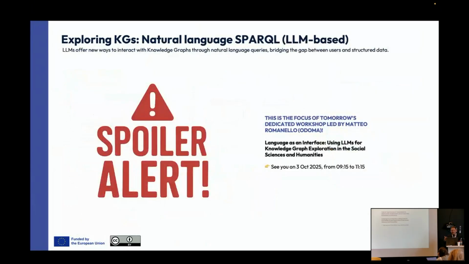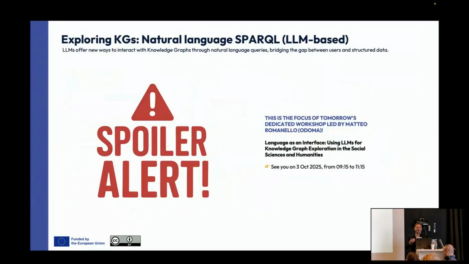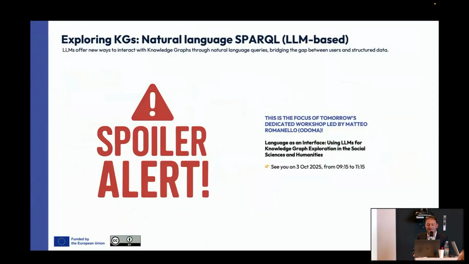And then, of course, the idea is we could also talk directly with our graph thanks to the last chat-based innovative approach, more or less. But we will see tomorrow what we could do through this kind of approach, thanks to the workshop about it tomorrow, as we have already said.